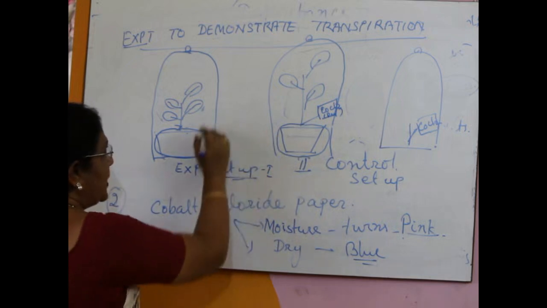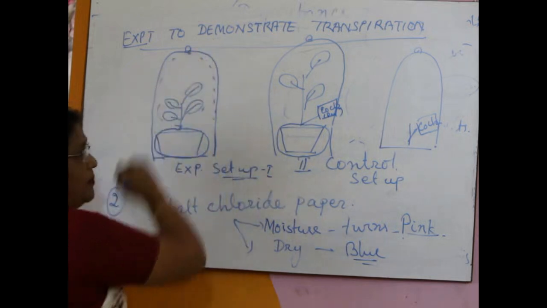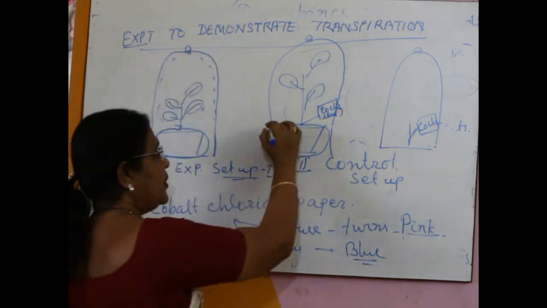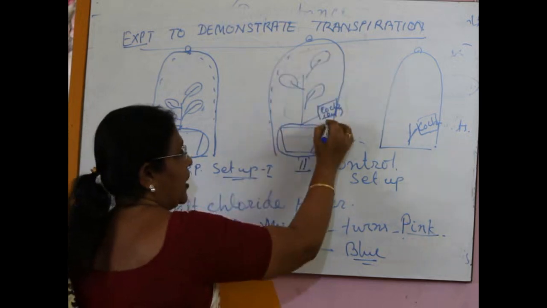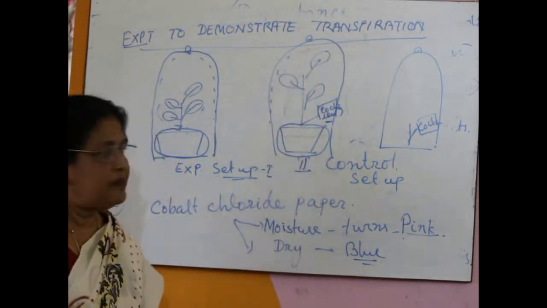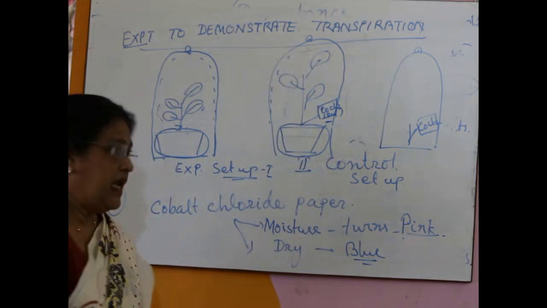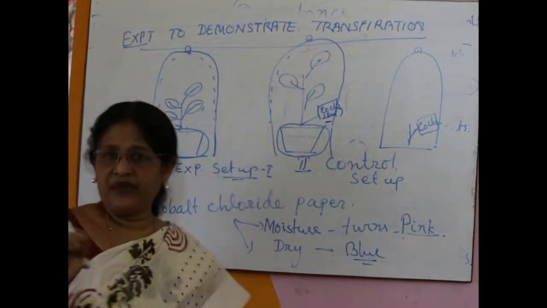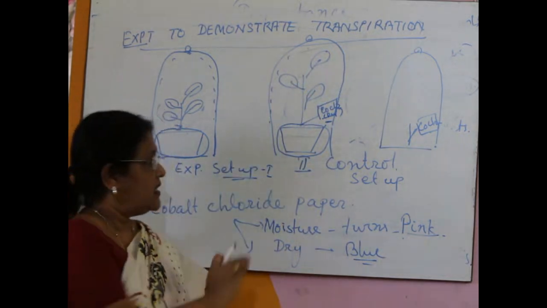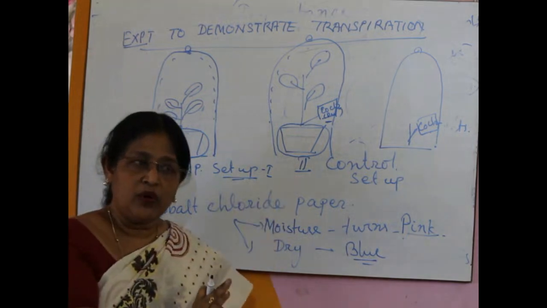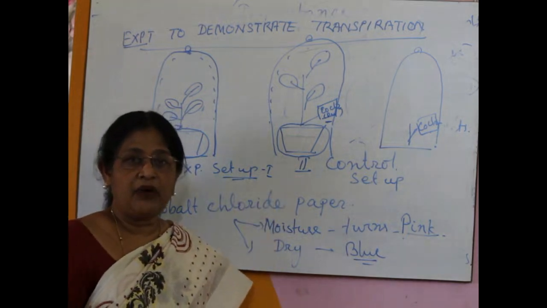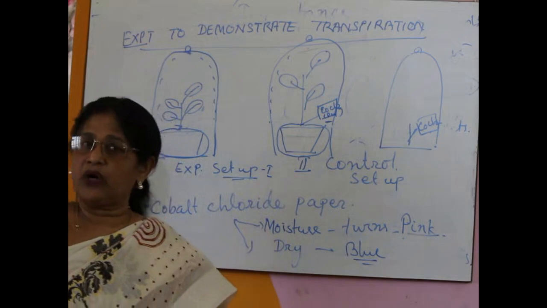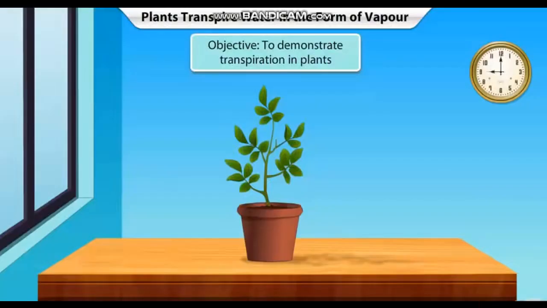In setup 1, you only have water droplets. In setup 2, you will have water droplets along with the cobalt chloride paper. Right? Now let me show you a visual, which will give you a clearer idea about how this process occurs.